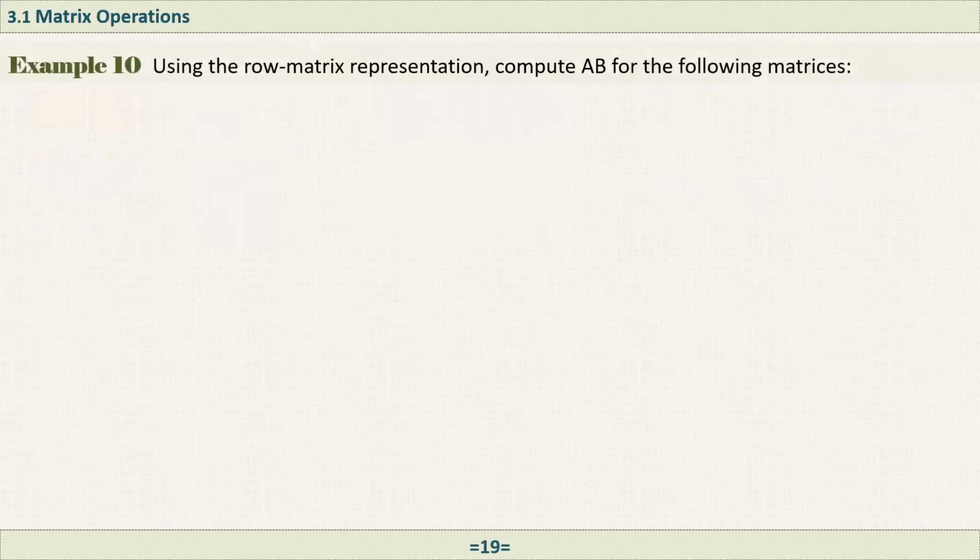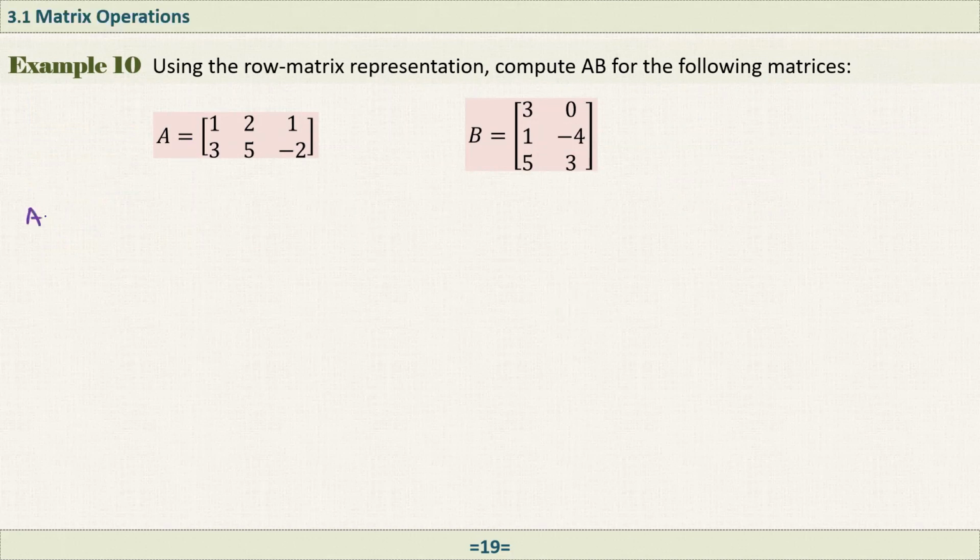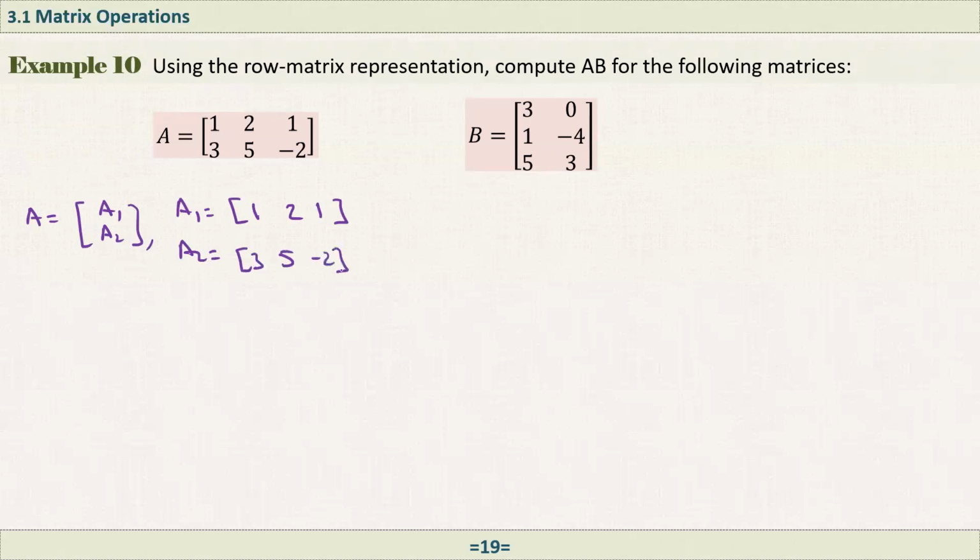Let's see one example. Using the row matrix representation, compute AB for the following matrices. So here we have A. We can write A as capital A1, capital A2, because it has two rows, where capital A1 is the row vector 1, 2, 1, and capital A2 is 3, 5, negative 2.